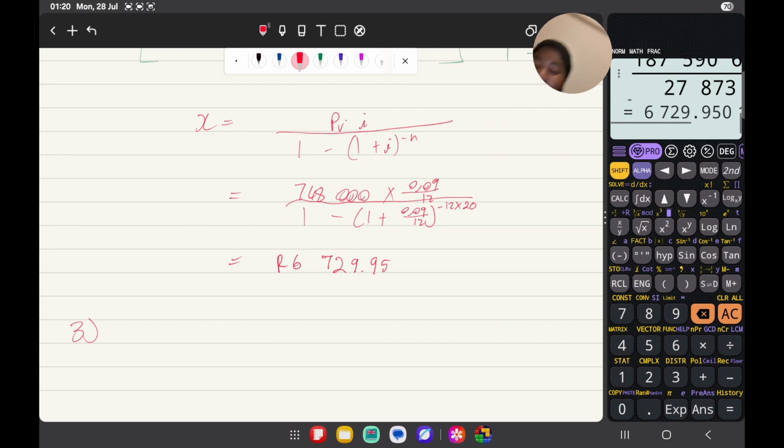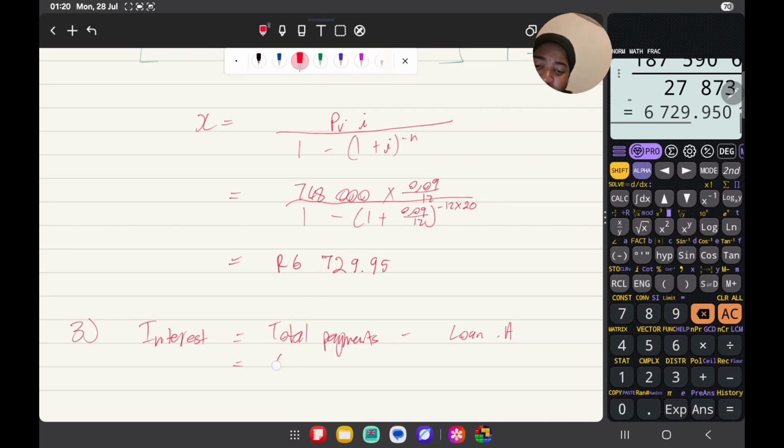Right. Okay, so the interest is going to be total payments minus what the loan was, just for this question, the loan amount.